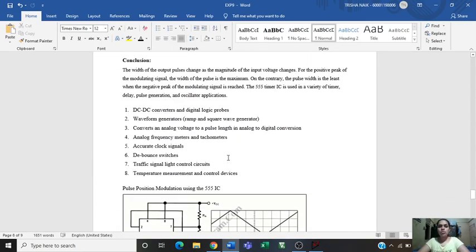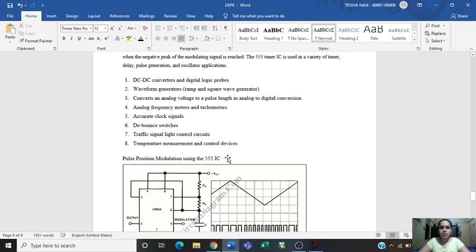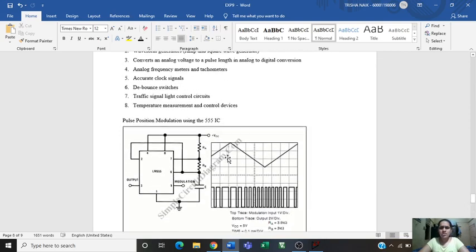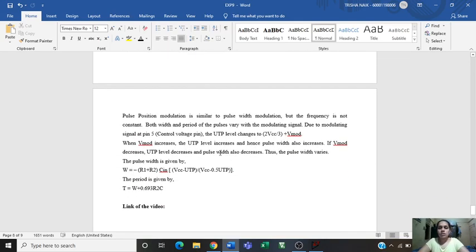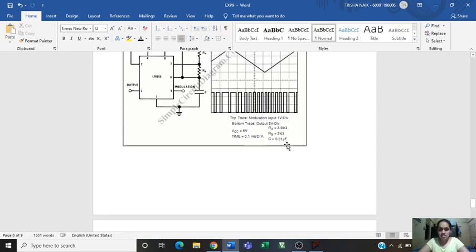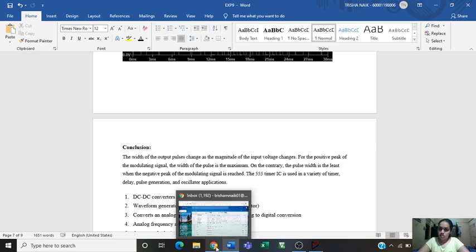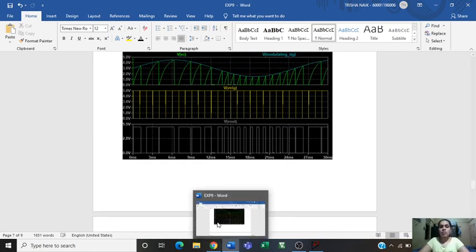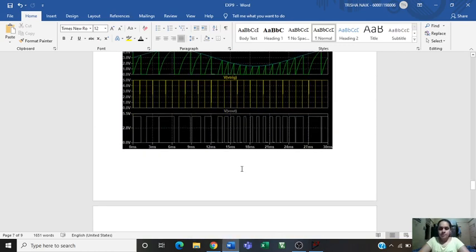So to conclude, the 555 IC can also be used for pulse position modulation, which is quite similar to pulse width modulation, the only difference being that the frequency is not constant in pulse position modulation, whereas for a pulse width modulation circuit, the frequency which we give is fixed, which we gave in our case as 40 Hertz.